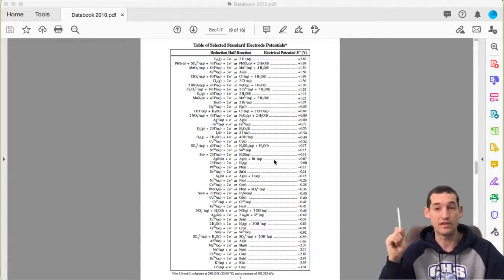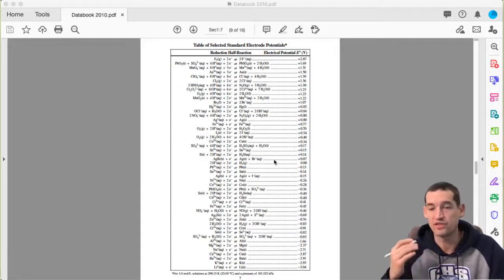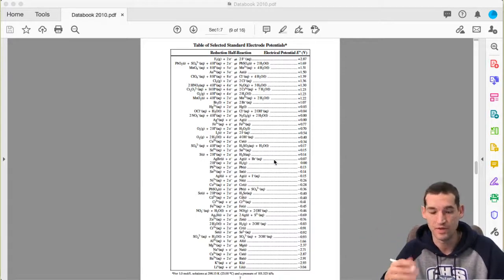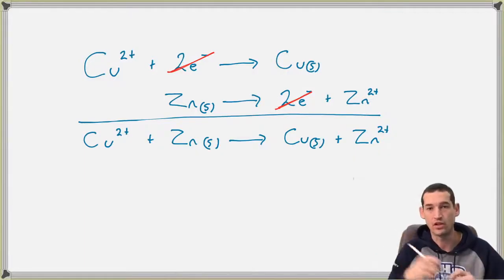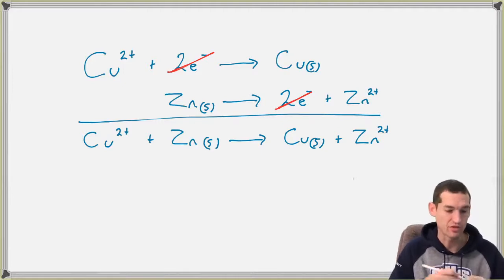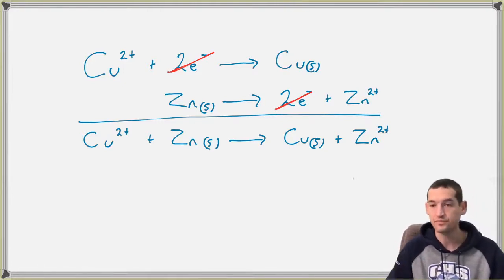Now, what we haven't used up to this point is this column right here on the far right, the electrical potential. Each of these half reactions has an electrical potential. So, if you look at copper's potential, I'll give you a second to find that.